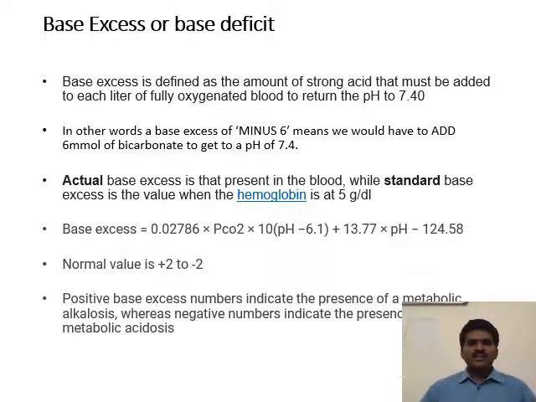The actual base excess is what is present in the blood, while the standard base excess is the value when the hemoglobin is at 5 gram per cent, because hemoglobin will be buffering the bicarbonate, and in presence of higher hemoglobin values the buffering is more and bicarbonate will be less. If you take the bicarbonate value that would be present when the hemoglobin is 5 grams per deciliter, that is called the standard base excess.